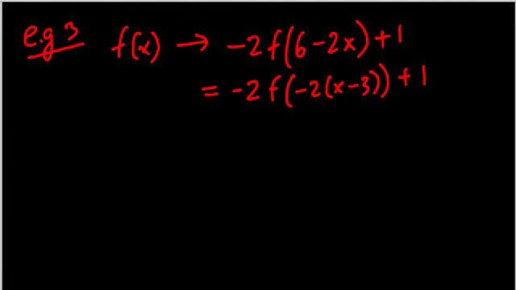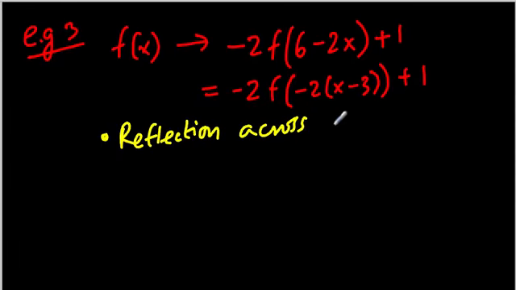So let's state the transformations. This negative here and that negative here definitely mean that there's a reflection across both the x and y axes.